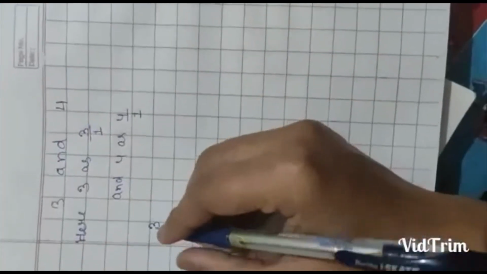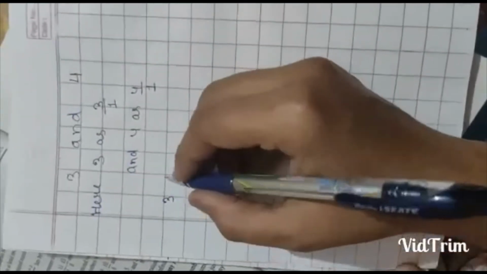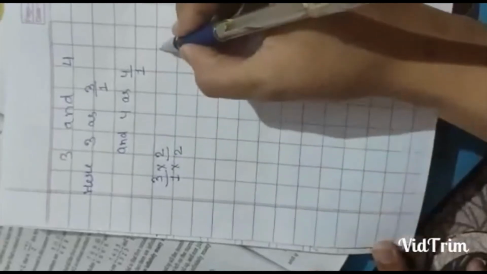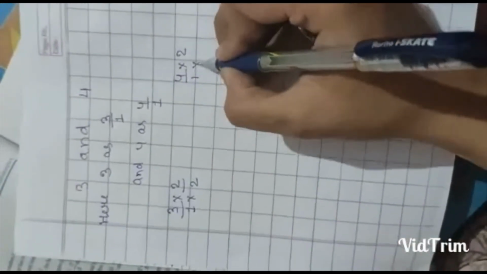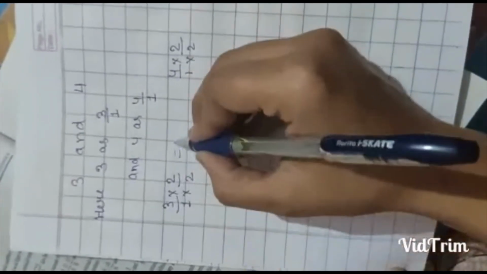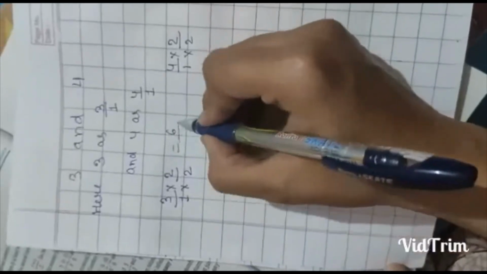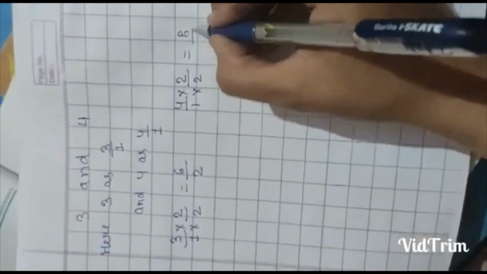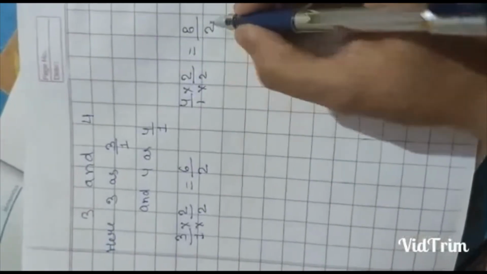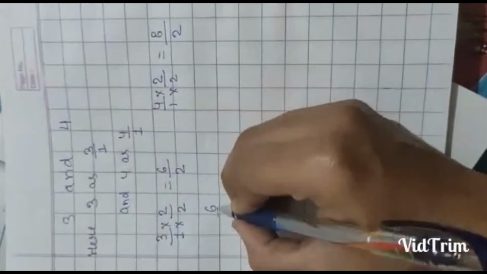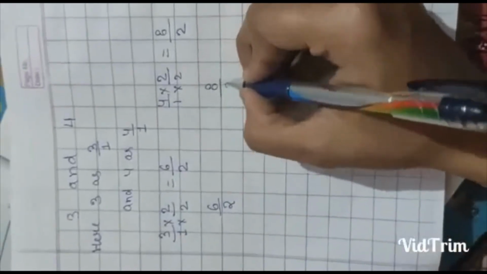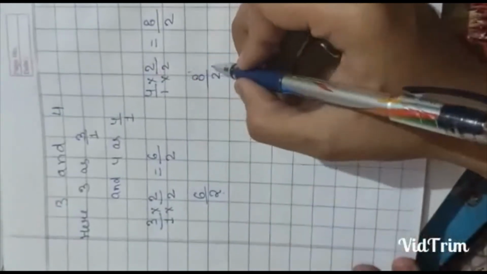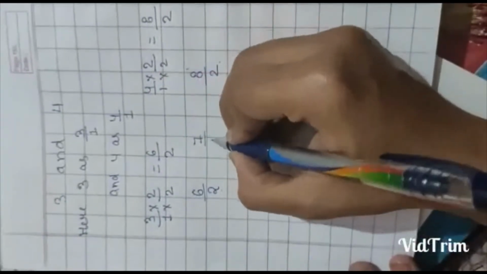Now we multiply both numbers by the same digit, 2. 3 into 2 equals 6 and 1 into 2 equals 2. Similarly, 4 into 2 equals 8 and 1 into 2 equals 2. So 6 upon 2 and 8 upon 2, and there is only one number between them, and that is 7 upon 2.